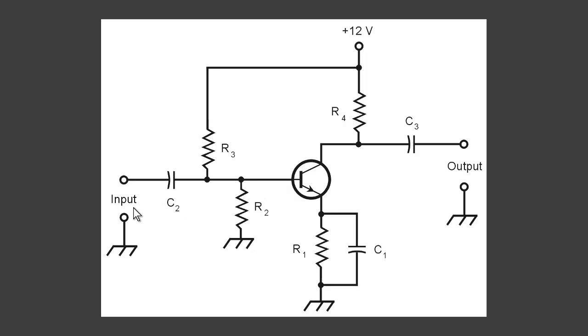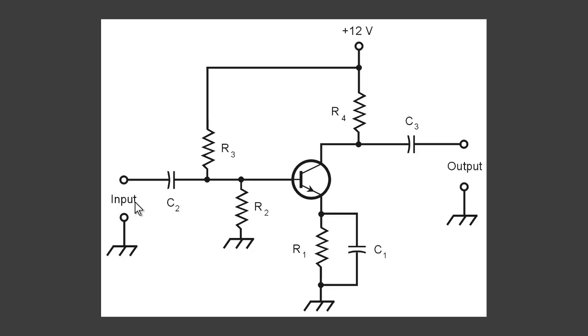The change in the base current is caused by the input signal. We bias the base in such a way that the transistor will conduct from the emitter through to the collector, even under no signal conditions.